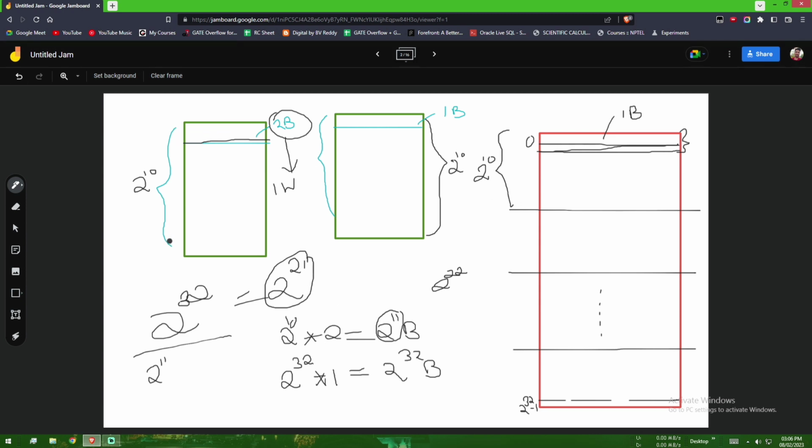As we keep increasing the size of each word, if I take 4 words, then obviously the number of chunks will decrease. If I take 8 words, it will again decrease, because we are considering 8 entries as one, sometimes 2 as one, sometimes 4 as one.